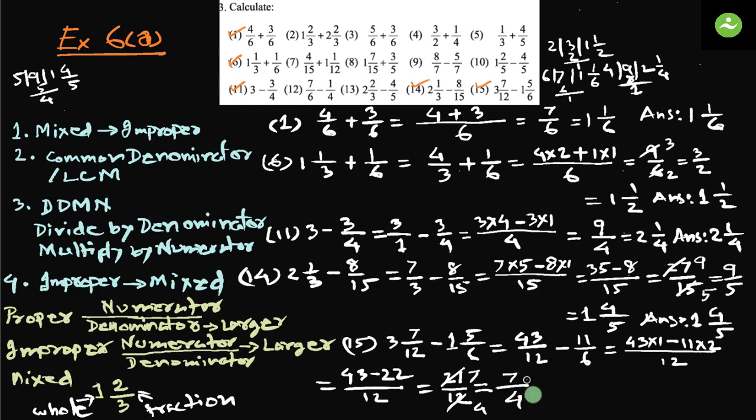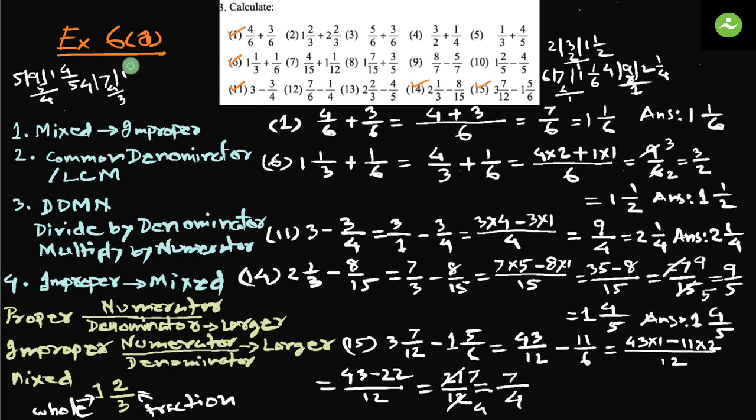Now this is improper fraction. We have to change it to mixed fraction. 7 over 4 means we divide by 4. 4 into 1 is 4, and 3 remains.